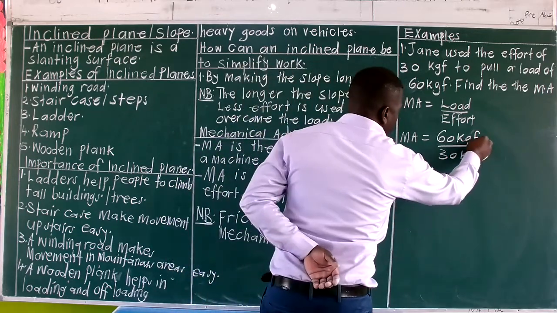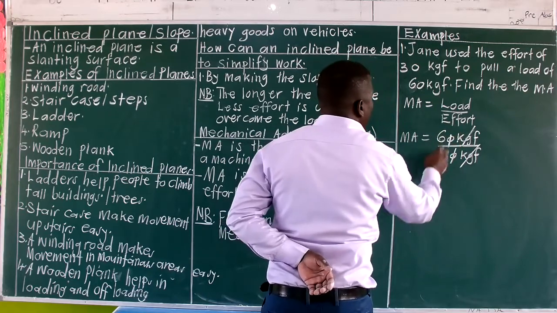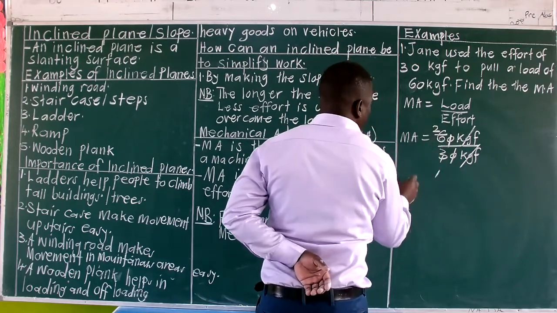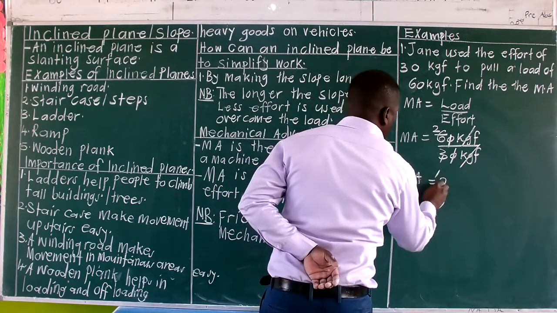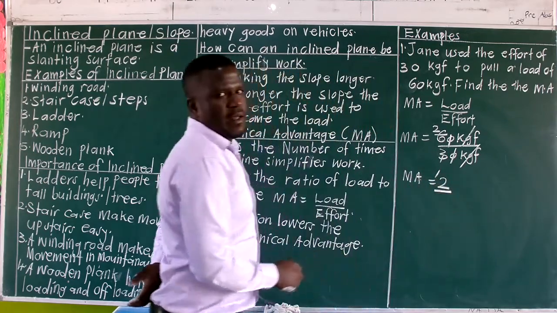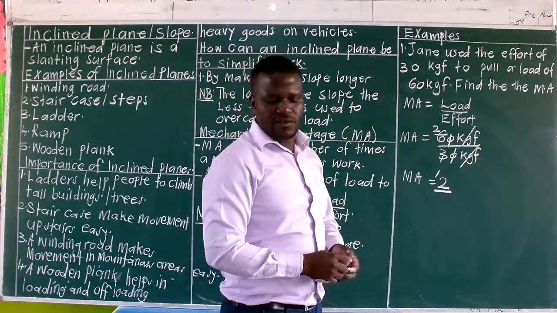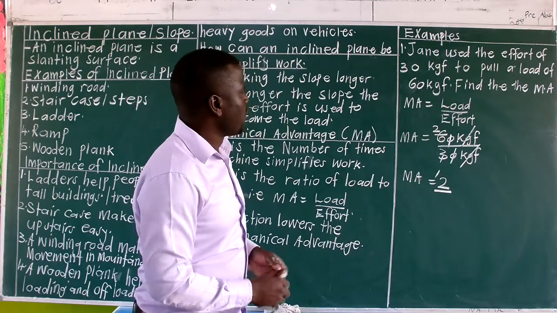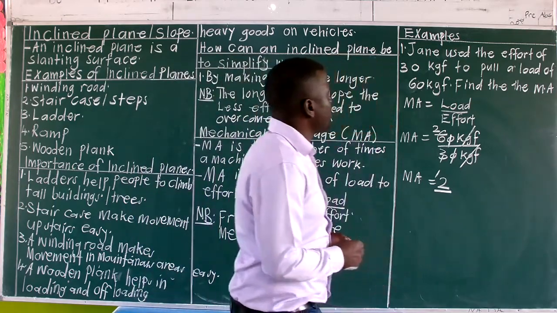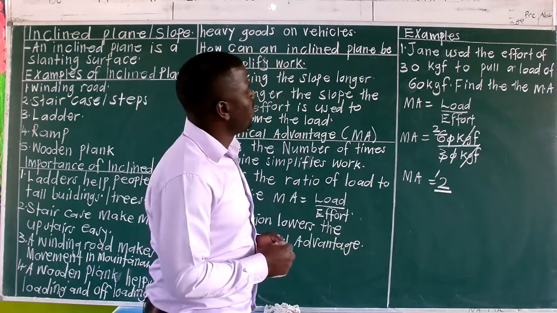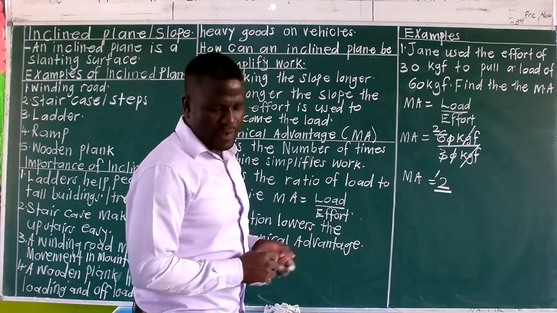So the kilogram force cancel, 0 cancels 0, 3 here 1, 3 here 2. So our mechanical advantage will be equal to 2. Remember we said mechanical advantage does not have units because it is a ratio.